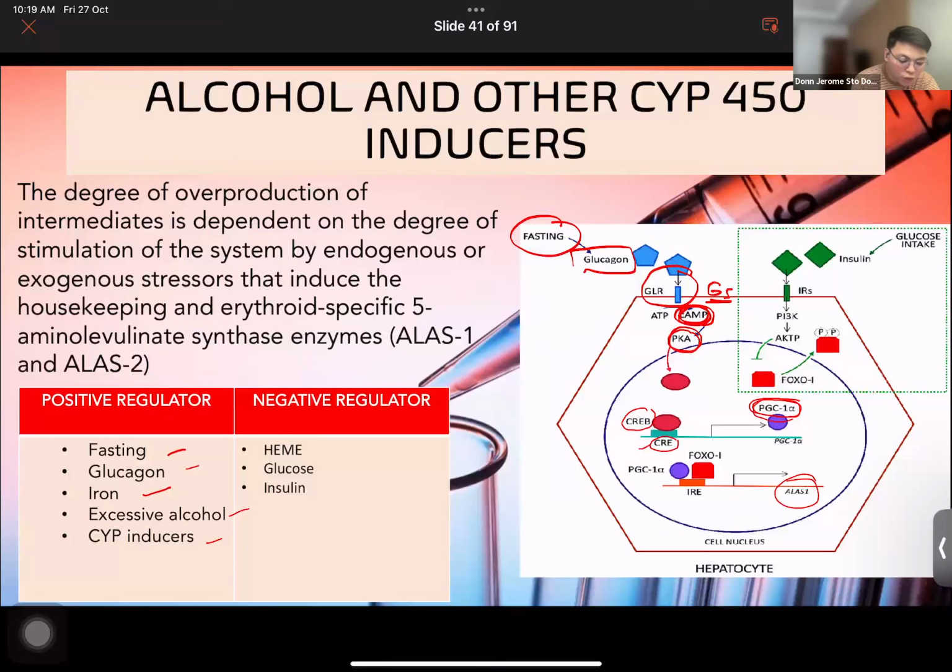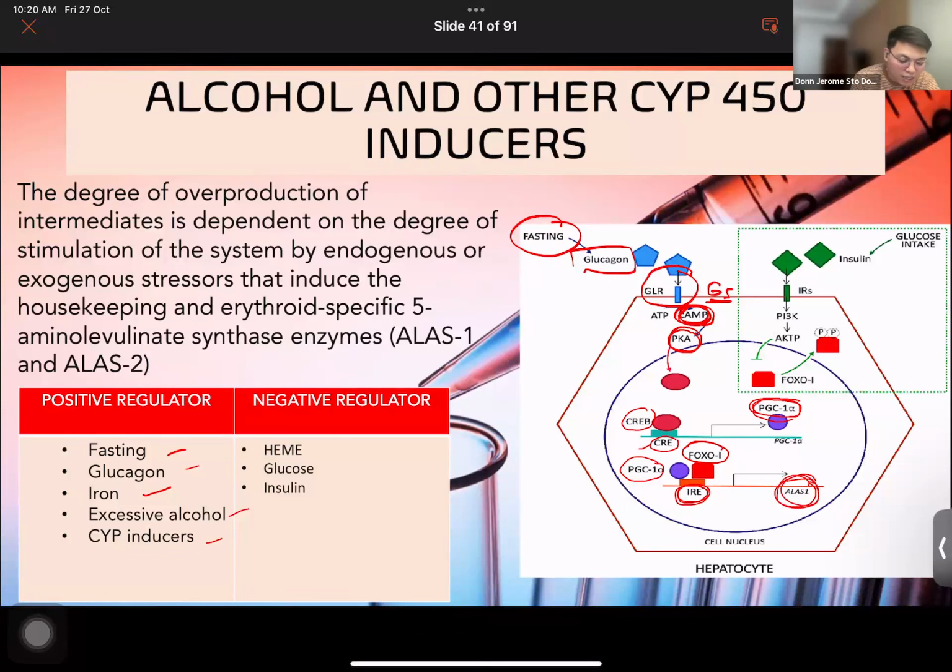PGC1-alpha is a transcription factor, and together with another transcription factor, FOXO1, would bind to the iron response element in the gene of ALAS. Since they are transcription factors, they stimulate the transcription of ALAS.